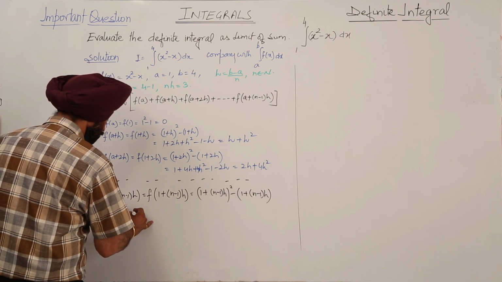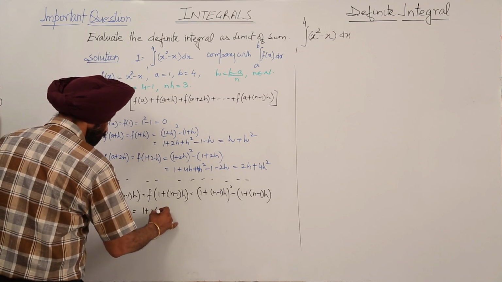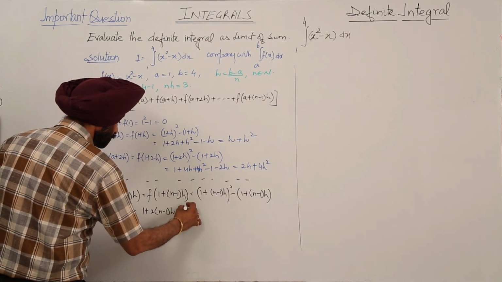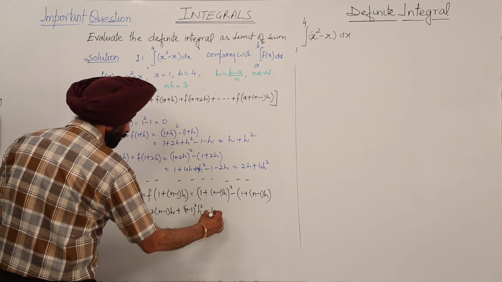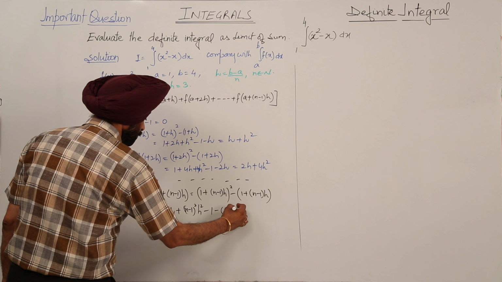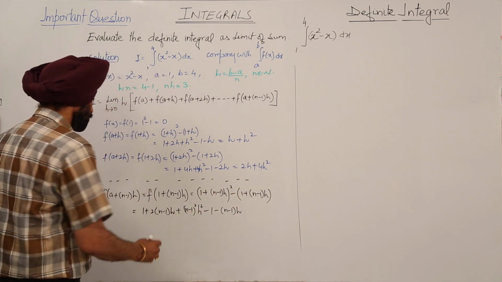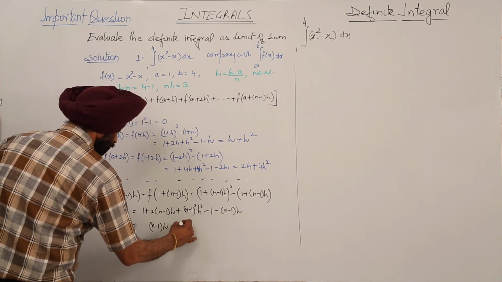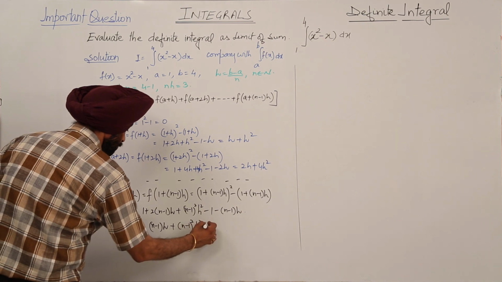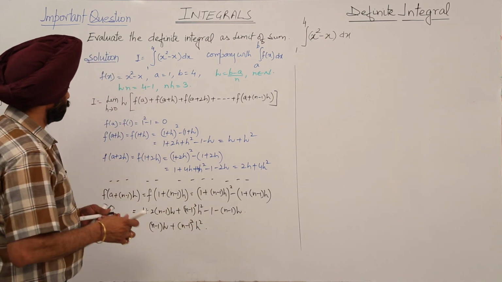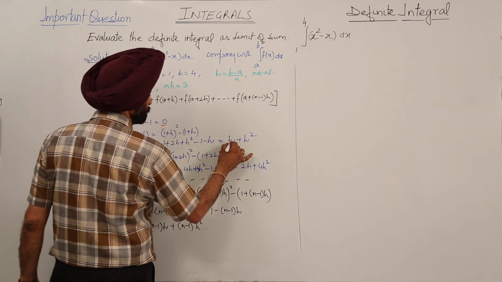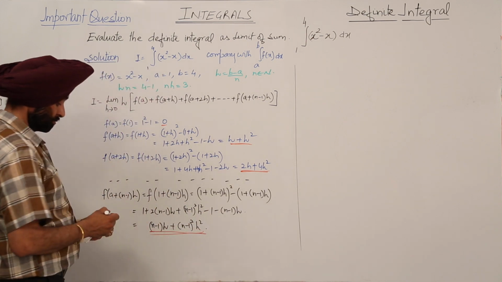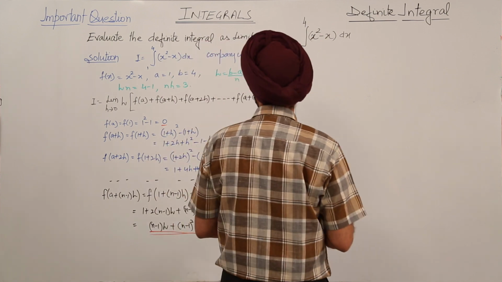Now this becomes 1 plus 2(n minus 1)h plus (n minus 1) whole square h whole square minus 1 minus (n minus 1)h, which is (n minus 1)h plus (n minus 1) whole square h whole square. So now what we are having? First term, second term, third term and the last term. Now let's put these terms in the theorem.